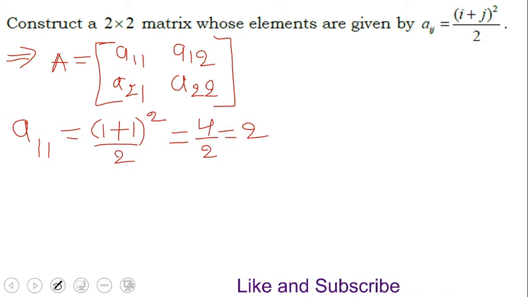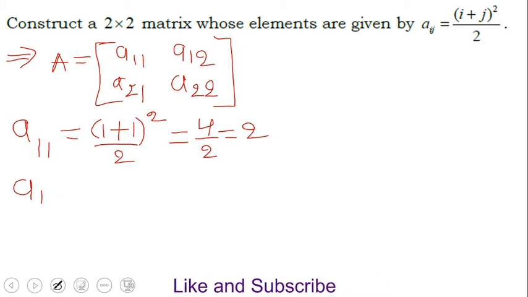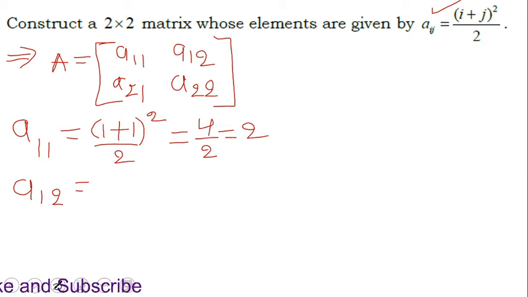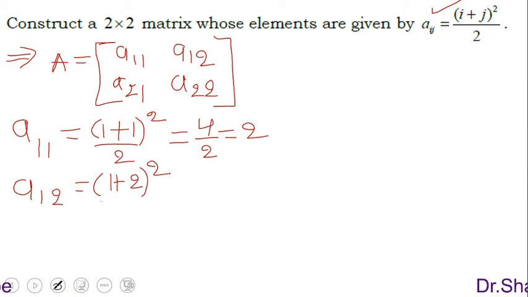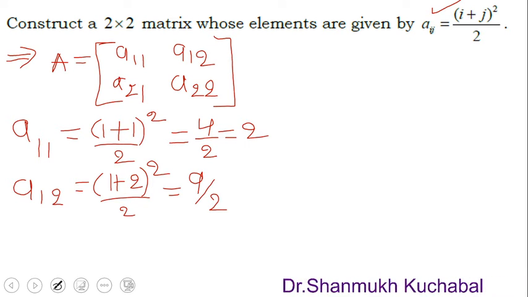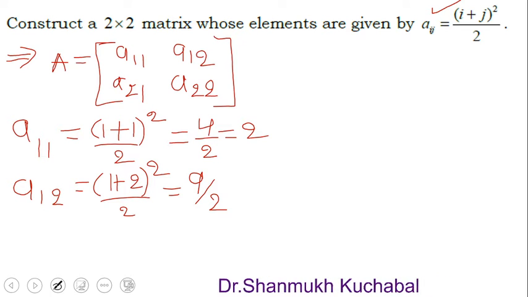Next, a12: in this formula we substitute i is 1, j is 2. So we get (1 plus 2) square divided by 2. 1 plus 2 is 3, 3 square is 9, 9 by 2. Further we cannot simplify, so I write it as it is.